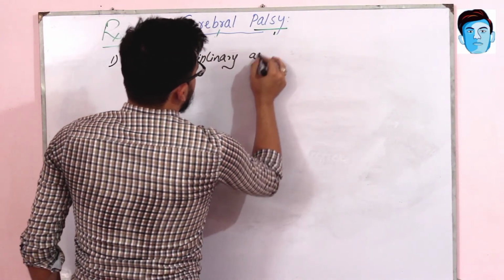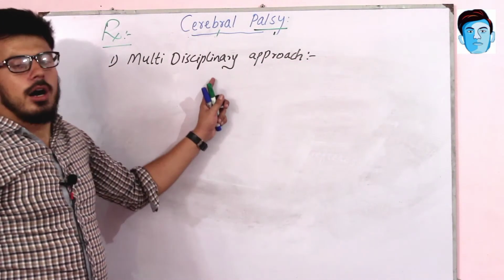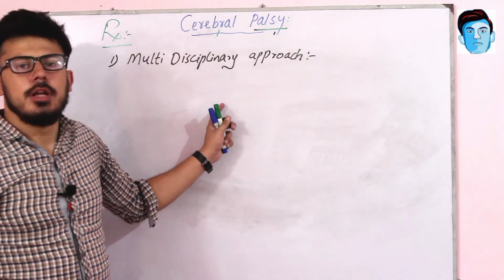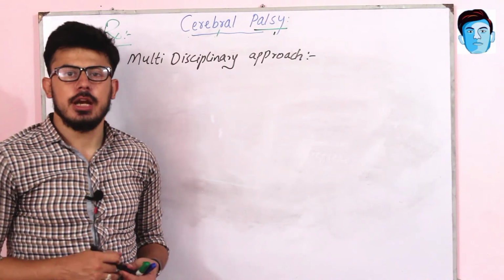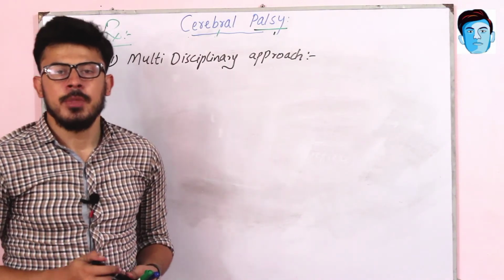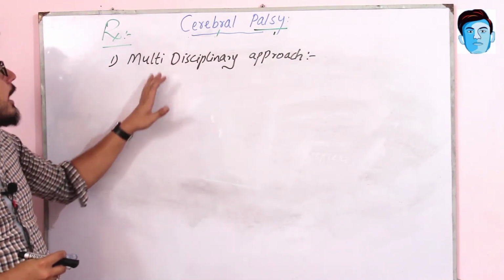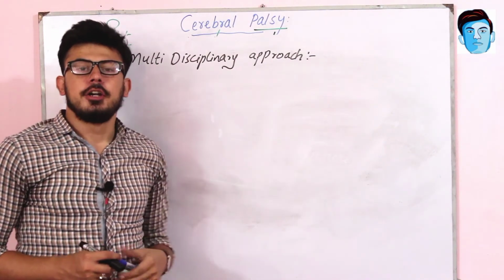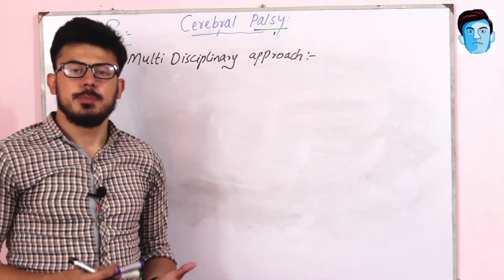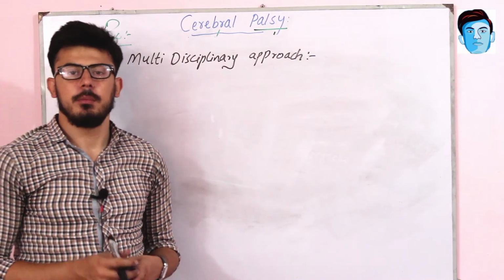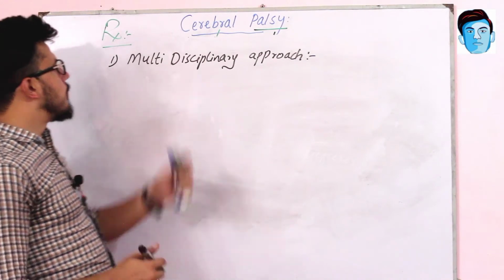It means the multidisciplinary team is important, which provides speech therapy, educational therapy and behavioral therapy in order to enhance the quality of life. So this is the first approach.